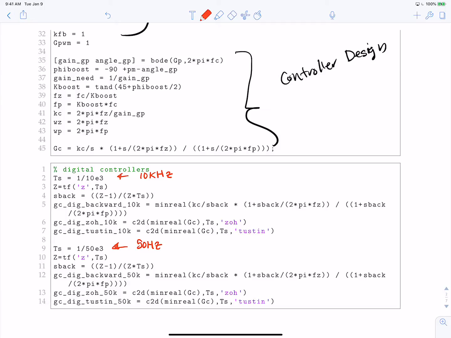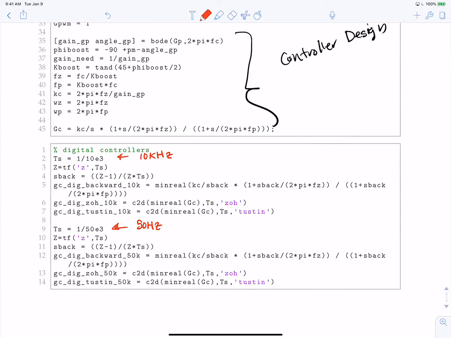And we're going to have a couple of different types of digital controllers. For instance, in line 5 we'll have our backwards Euler at 10 kilohertz, a zero order hold in line 6, and in 7 the Tustin. These all give us different digital controllers using different types of approximation of the continuous time function.